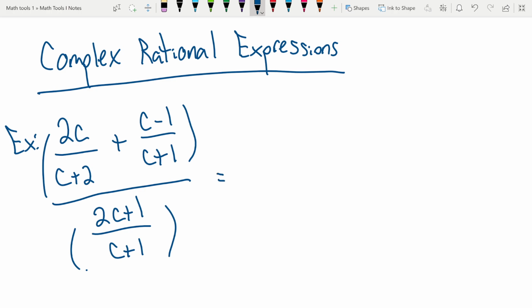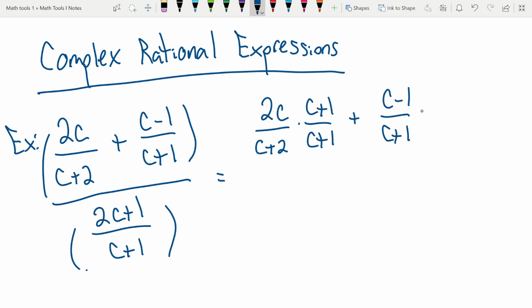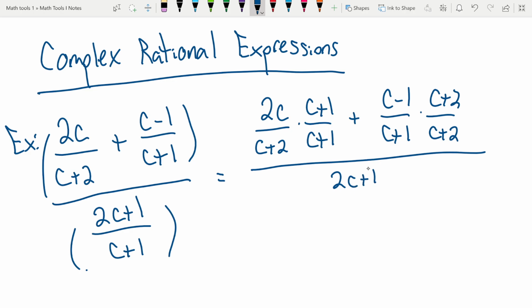The common denominator will be c plus 1 times c plus 2. So we're going to have 2c over c plus 2 times c plus 1 over c plus 1, plus c minus 1 over c plus 1 times c plus 2 over c plus 2. And then the bottom's just going to come along, right? Nothing to do with that yet.